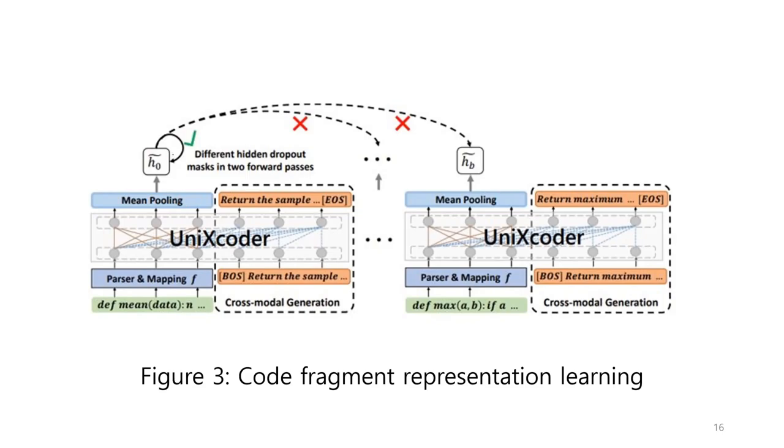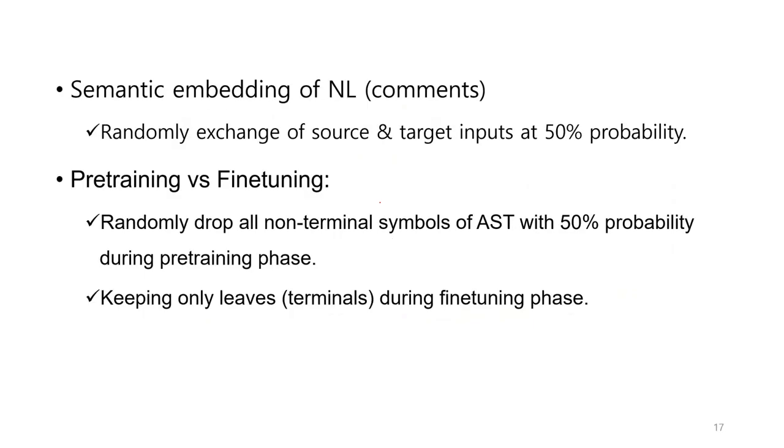As I told you on the previous slide, the representations having close distance to the original hidden representation are considered positive, whereas the remaining representations are considered negative. In this way, the model is trained to capture the semantic meaning of the source code.